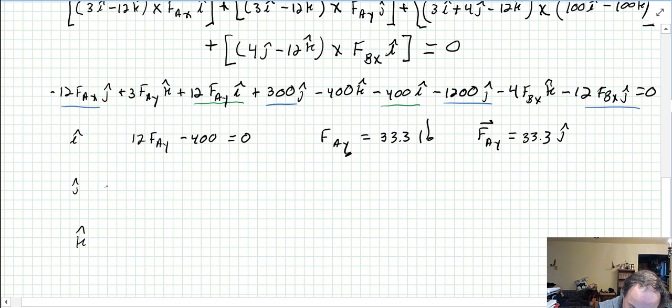We've got minus 12 FAX plus 300 minus 1200 minus 12 FBX.